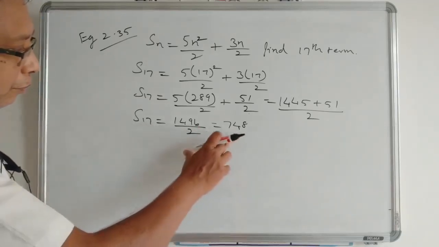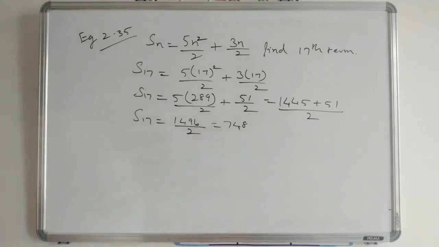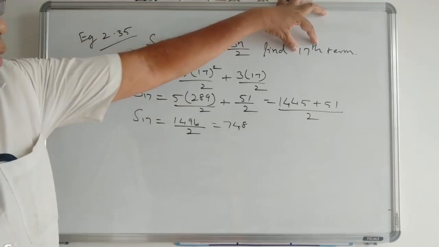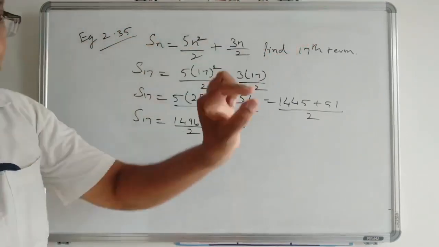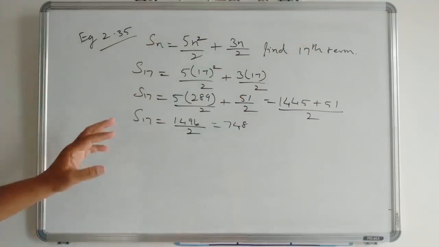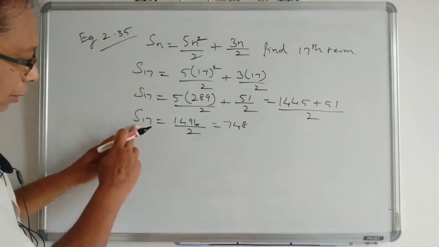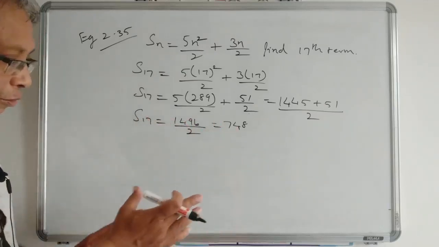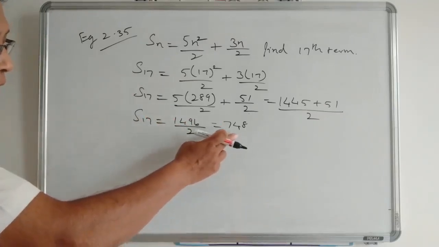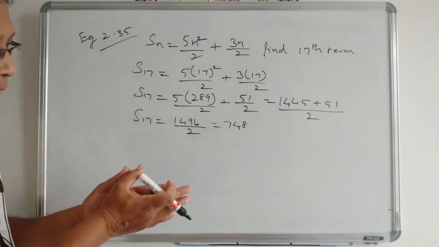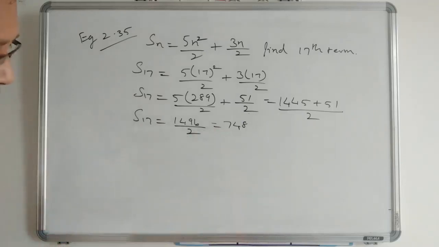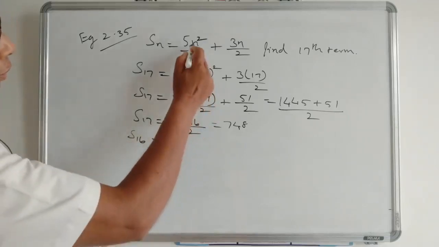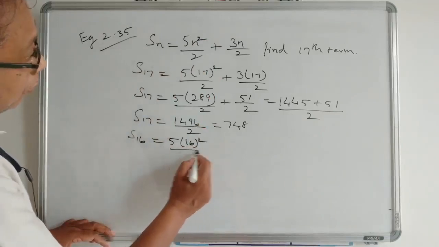The term before 17 is 16, therefore S17 minus S16 gives the 17th term. Next we find S16: in the n place we write 16.